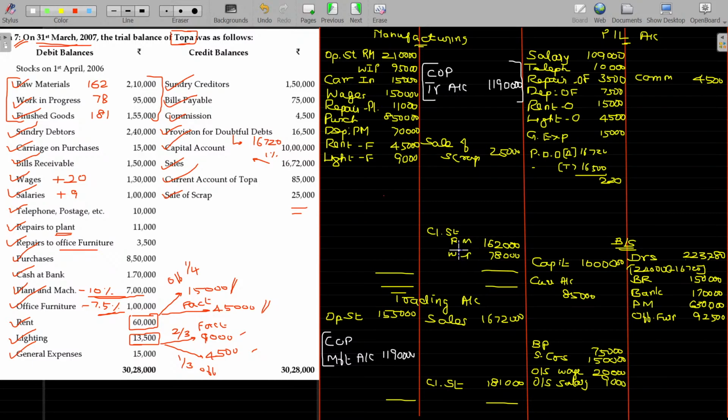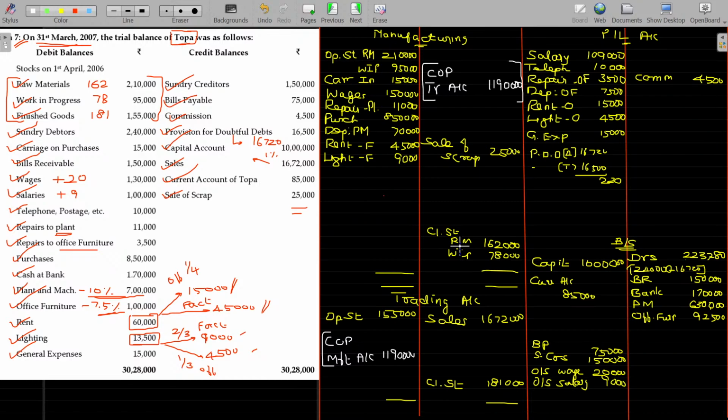What is the total value? No, it's not 12 lakhs 93. Something different number, I think so. 11 lakhs 60,000. 1160. Is it correct? 11 lakhs 16,000. Verify this.